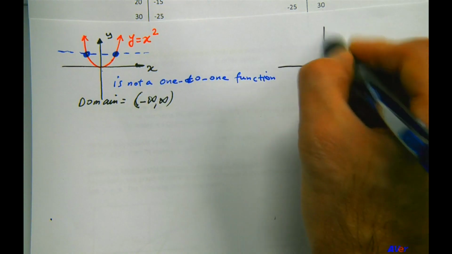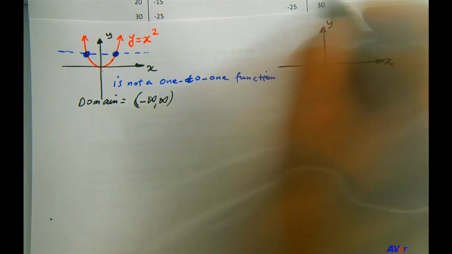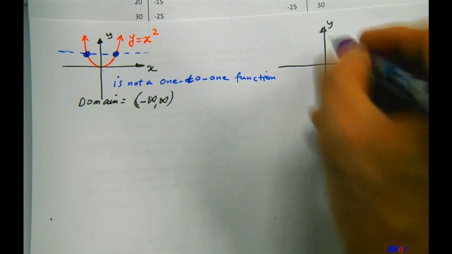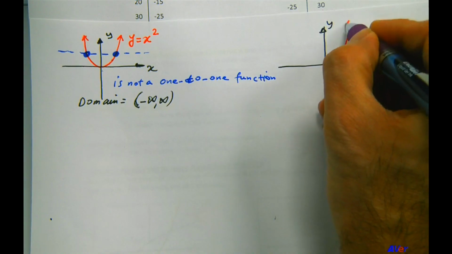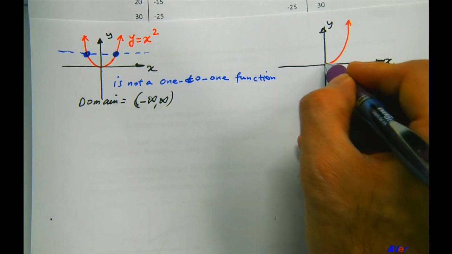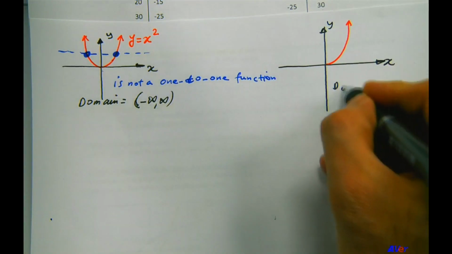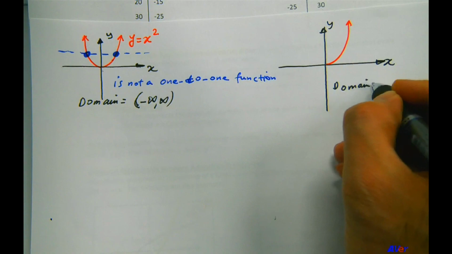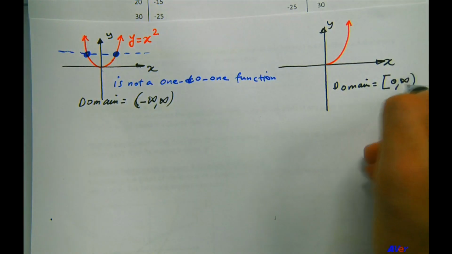We're going to restrict the domain of this function to the domain equal to bracket 0, positive infinity.